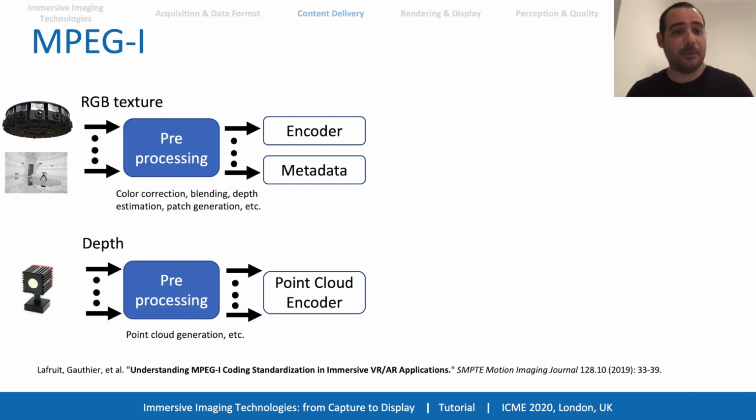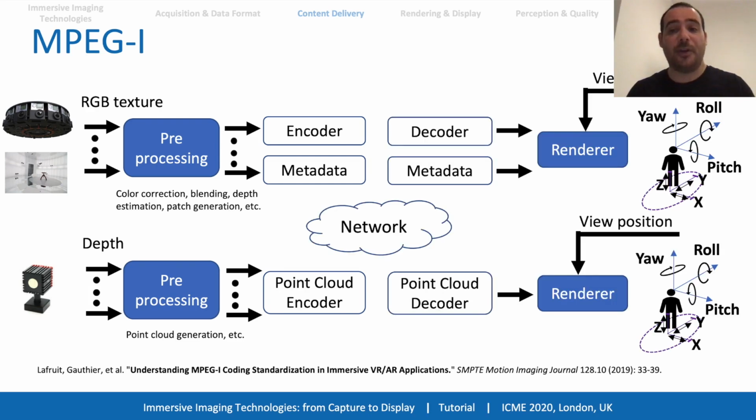For example, as pre-processing: color correction, blending, depth estimation, patch generation, point cloud generation, and other representations. And at the user side, the view position is rendered using view renderer software, such as view synthesis, with the help of metadata and the decoded bitstream.